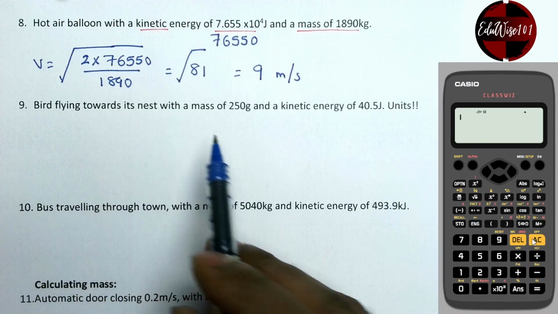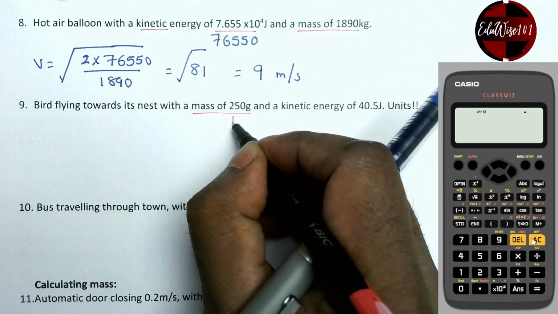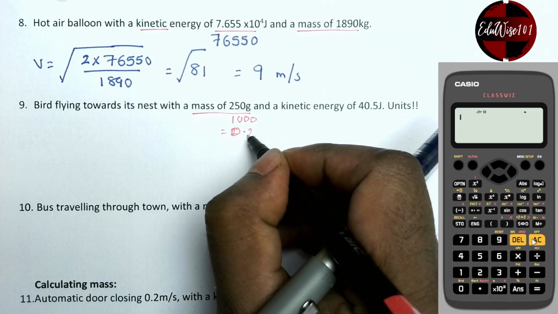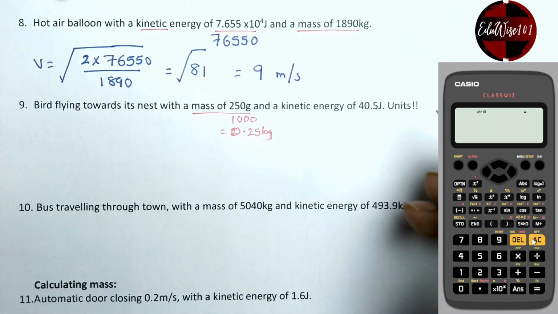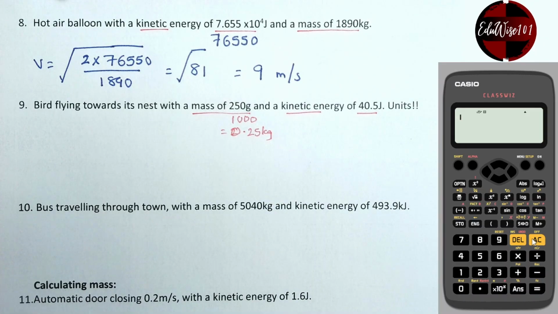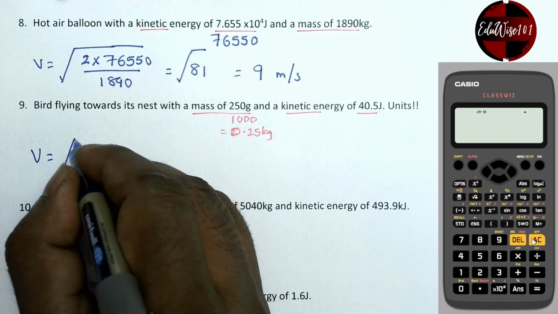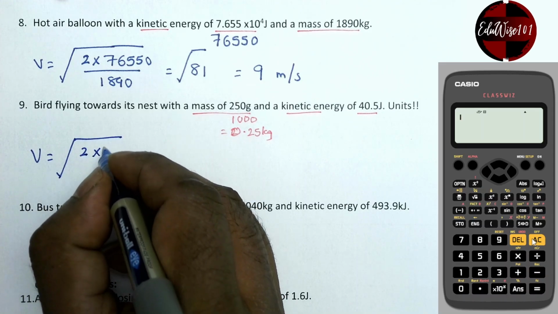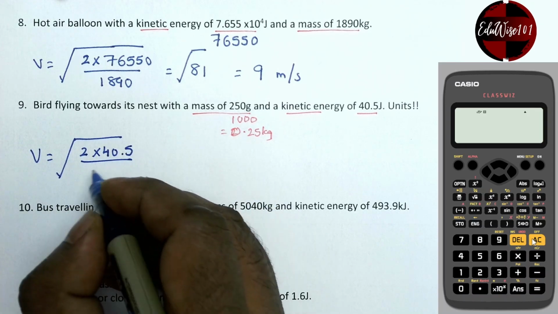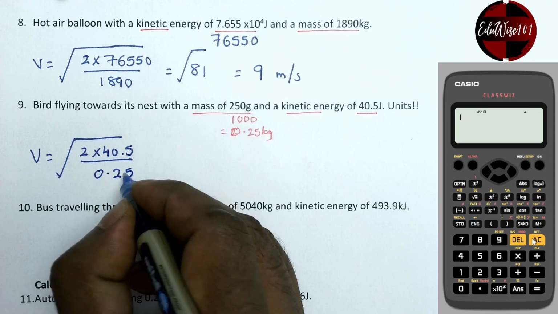A bird flying towards its nest with a mass of 250 grams. Divide that by 1000, that gives me 0.25 kilogram with a kinetic energy of 40.5 joules. So velocity is the square root of 2 times 40.5, that would be 81, divided by 0.25.